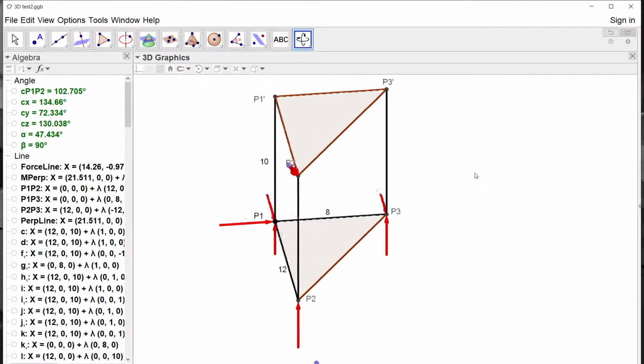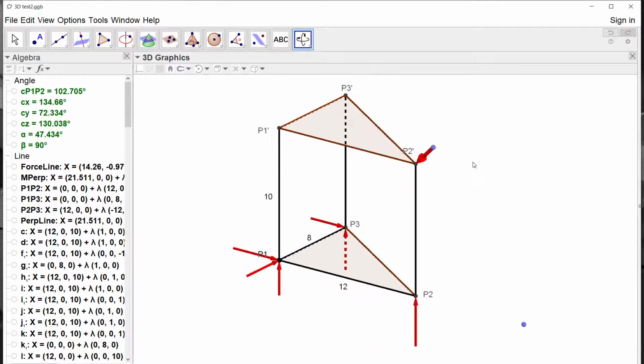There's a load that hits one corner of it. This load can be moved. This load can be broken down into components, and then you could use essentially two-dimensional statics several times to get the 3D problem solved. But it occurred to me, well, what if we just wanted to solve the 3D problem?